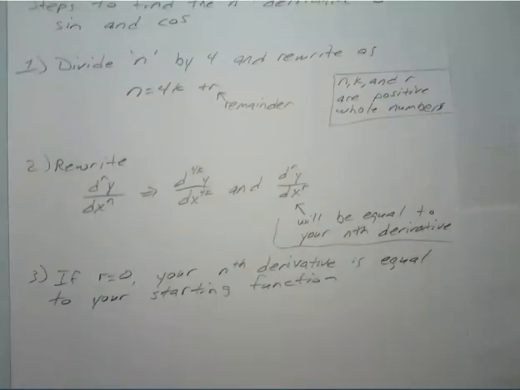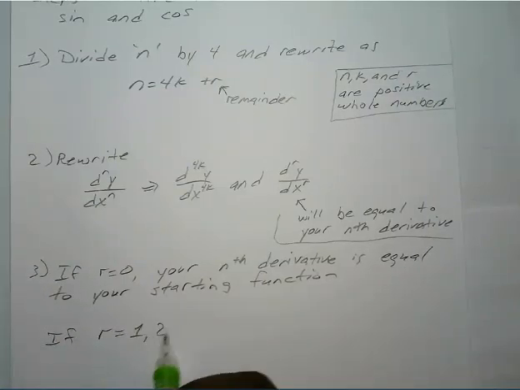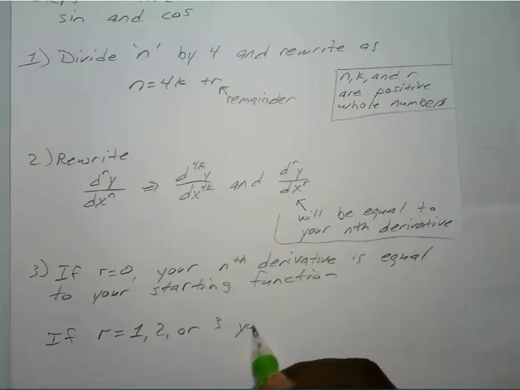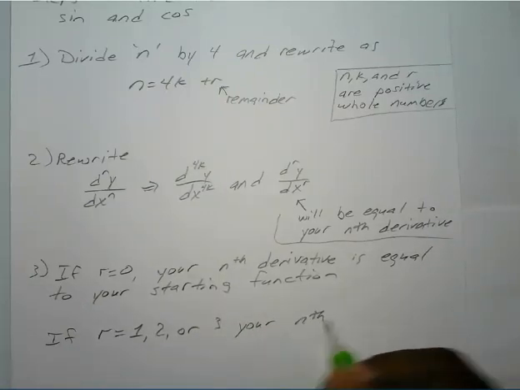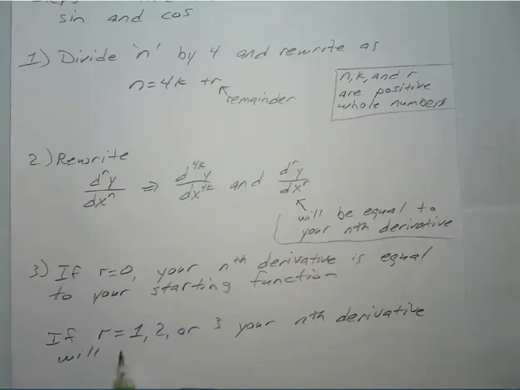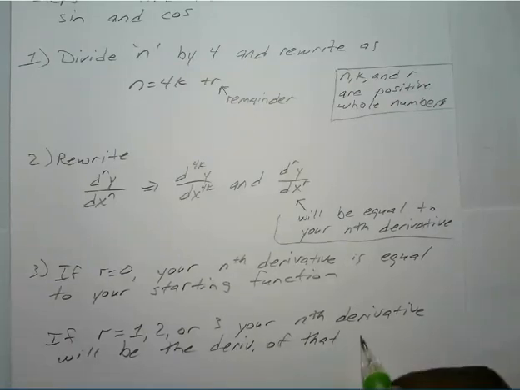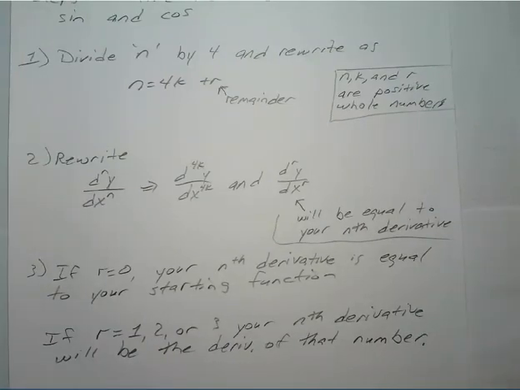Okay, now if your r, your remainder, is 1, 2, or 3, your nth derivative will be the derivative of that number. Okay, and again, if these steps don't make sense to you, by the time you see the examples, it will make perfect sense, I promise.